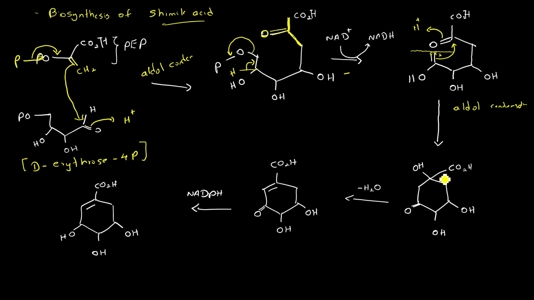I hope you understand this. Here you have the carboxylic group and the hydroxyl group, which is formed from this oxygen-carbon double bond. There's a carbon over here, and the bond between this carbon and this carbon is here.